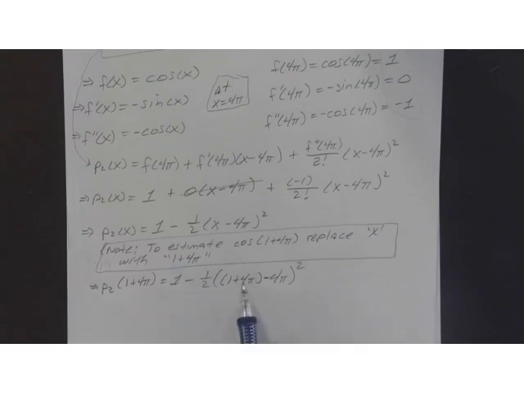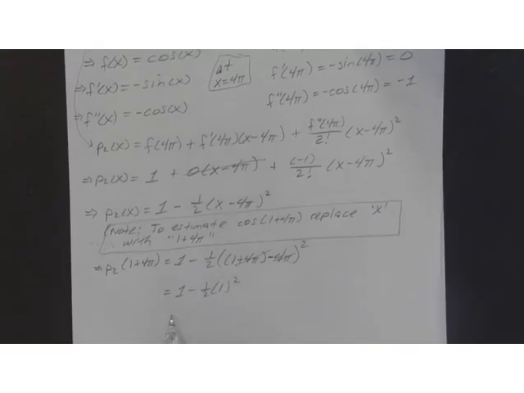Minus 4 pi squared. Okay, so we have the plus 4 pi and minus 4 pi. They cancel each other out. So we have 1 minus 1/2 times 1 squared, which is just 1 minus 1/2, which is 1/2.